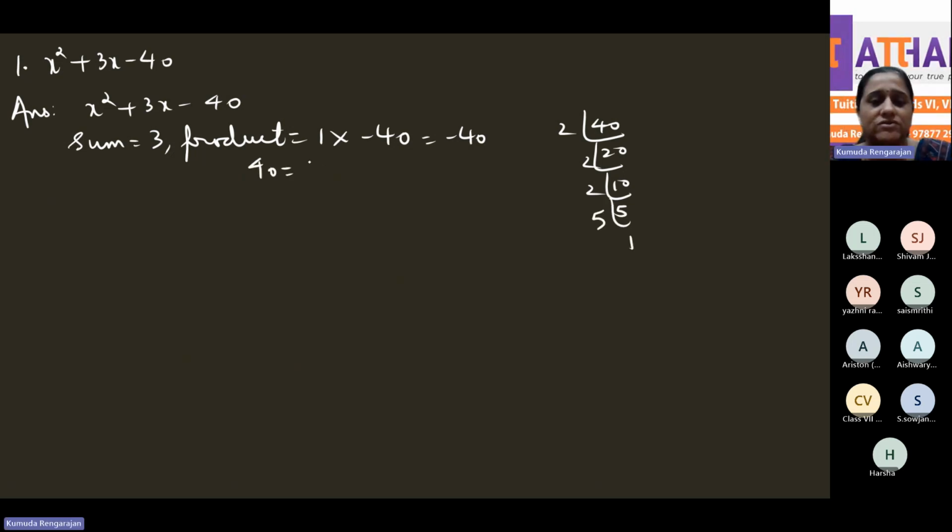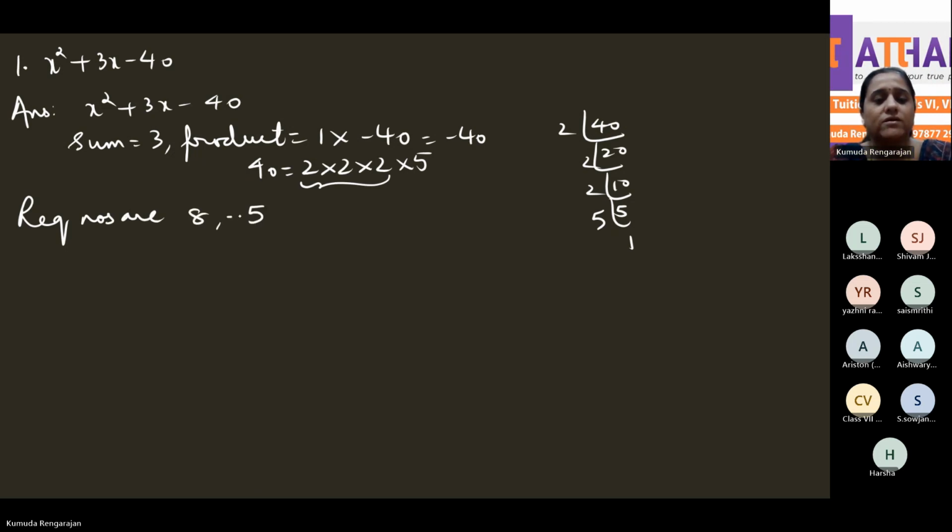So required numbers are 8 and minus 5, because when you multiply 8 and minus 5, you get the product minus 40, and 8 and minus 5 is plus 3.